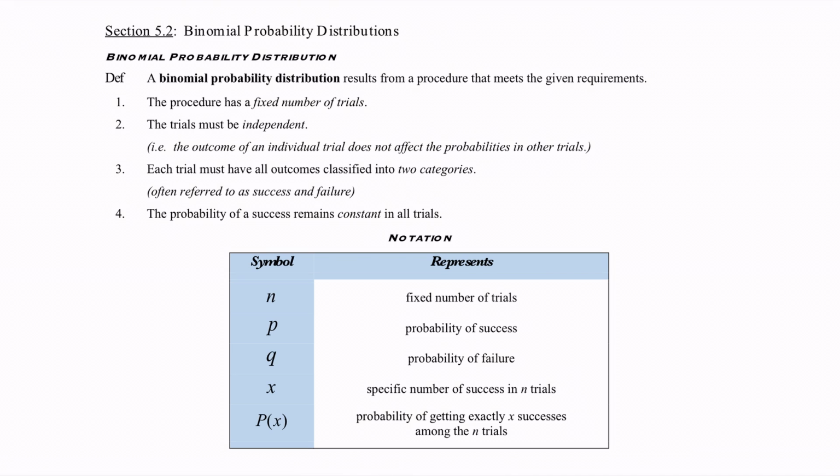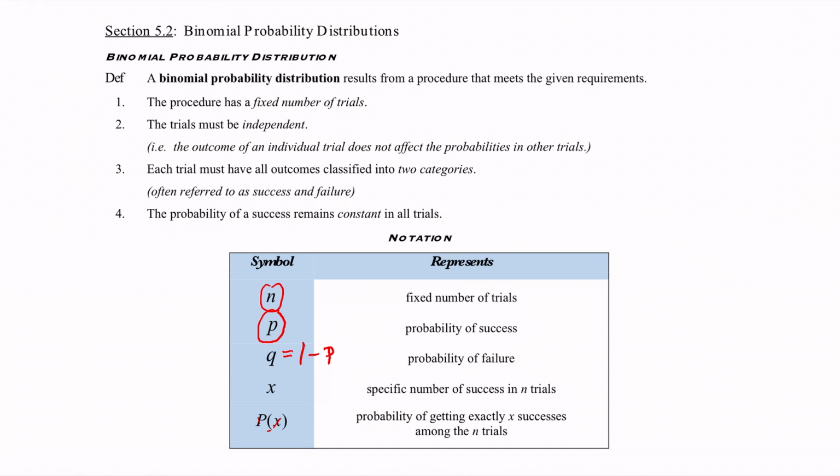So the notation that will be important, we will use the letter N for the number of trials. P is the probability of success. Q is the probability of failure. So oftentimes we can just think of Q as 1 minus the probability of success.